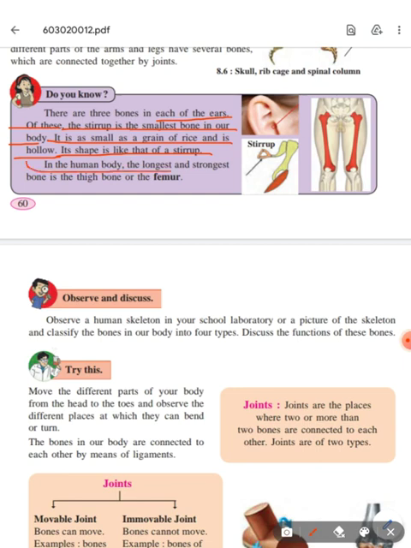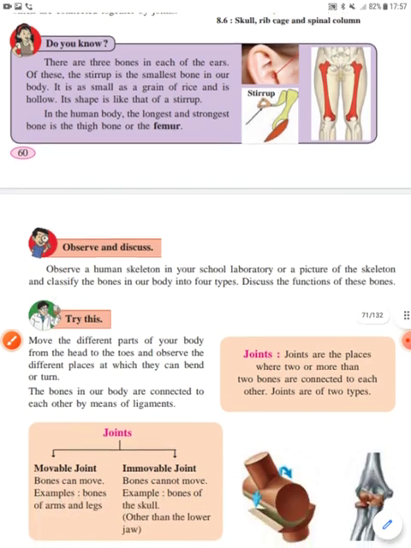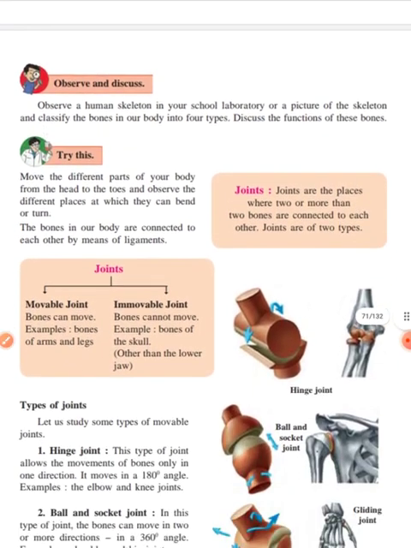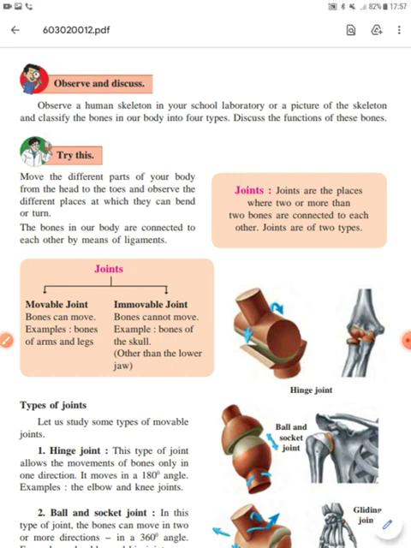In the human body, the longest and strongest bone is the thigh bone or the femur. And this is a stirrup, small, looks like a grain of rice. You have to remember this for your exam.